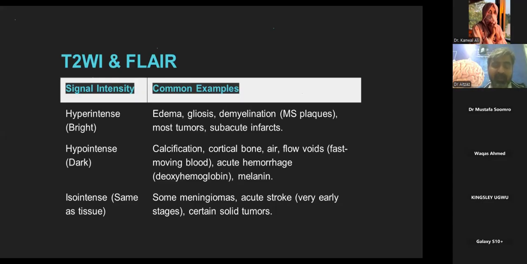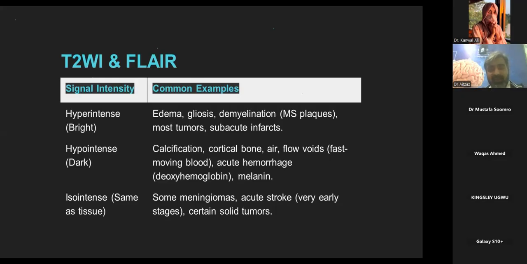Remember, that is apart from subacute blood, because subacute blood presents hyperintense on both T1 and T2. For other pathologies, what is hypointense on T2 will be hyperintense on T1, and what is hypointense on T1 will be hyperintense on T2.